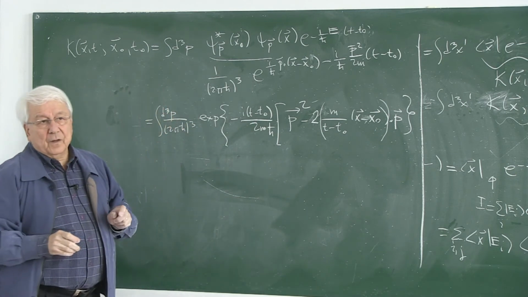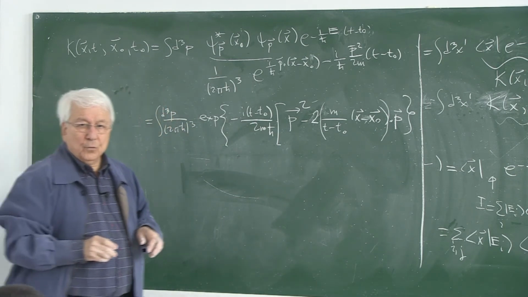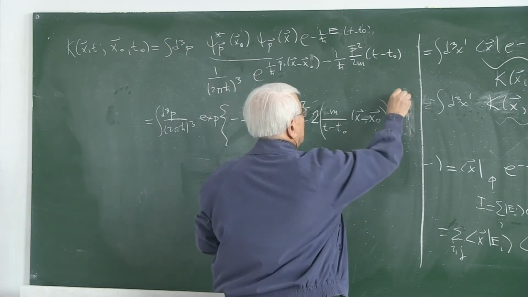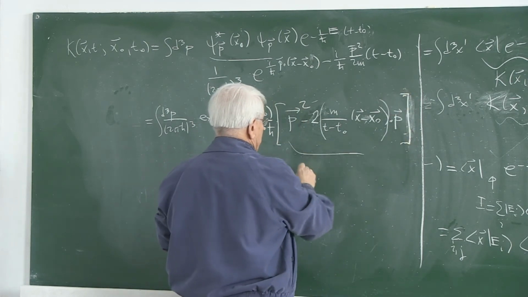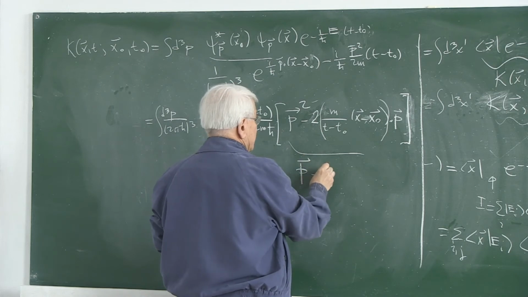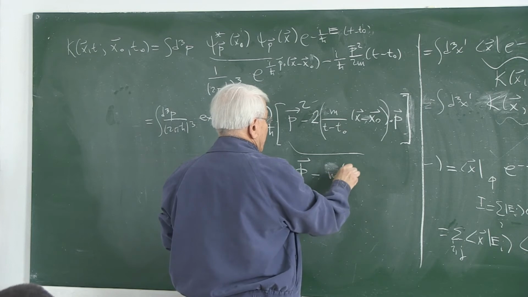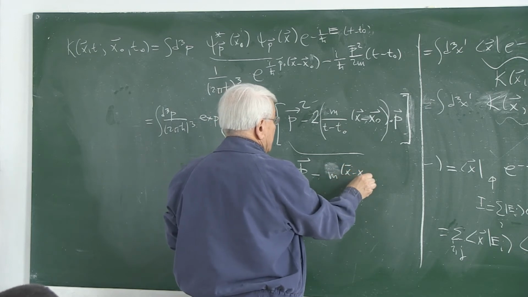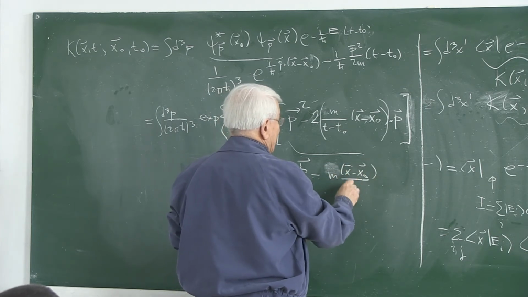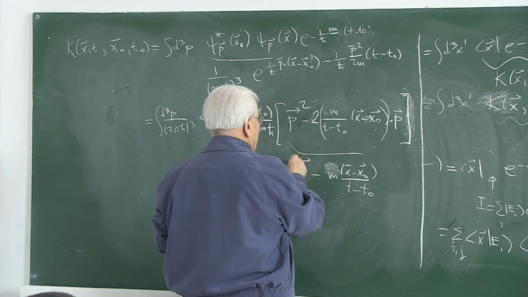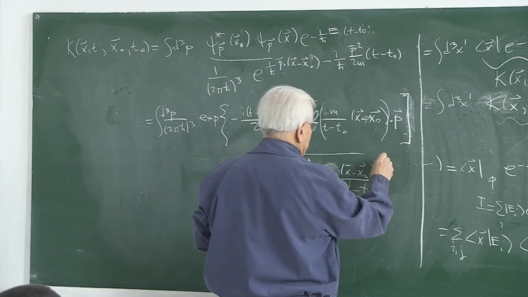So you see how do I complete this into a full square? I write this as p minus m (x minus x0) divided by t minus t0. You say, oh yeah, this must be it, because it is something that you recognize, right?